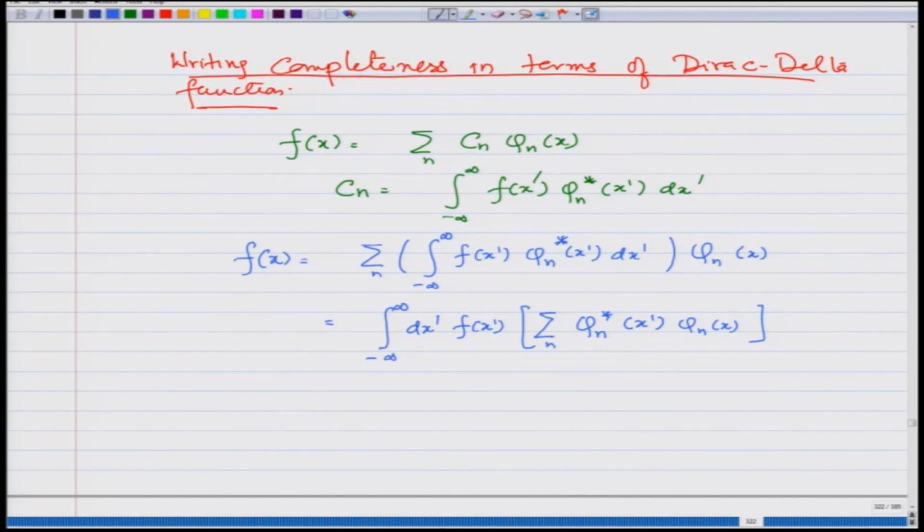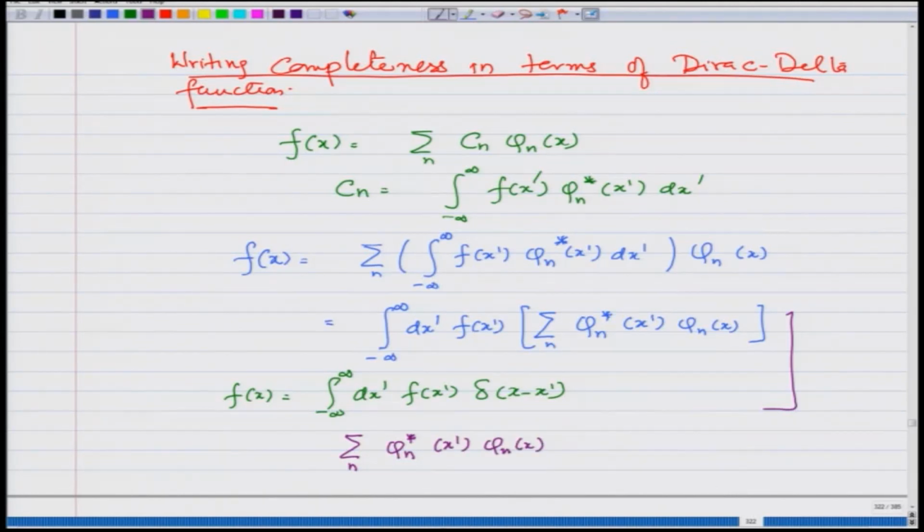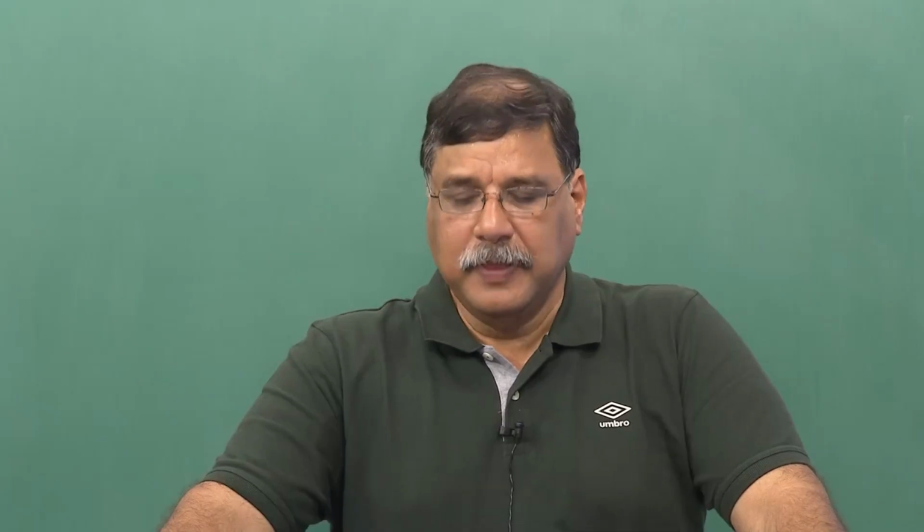Now, I also know that f(x) is equal to the integration from minus infinity to infinity dx' f(x') delta(x minus x'), and these two things together tell me that summation over n phi_n star(x') phi_n(x) is equal to delta(x minus x'), which I can also write, switching the indices, as summation over n phi_n star(x) phi_n(x'), one and the same thing, because for the delta function it does not matter if I change x and x' indices. So, this is another way of expressing completeness.